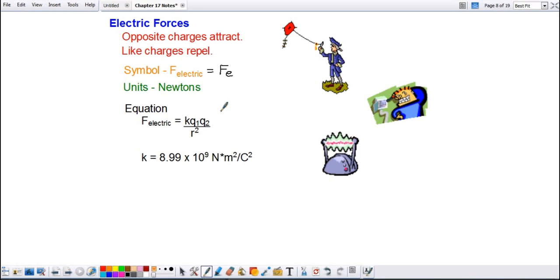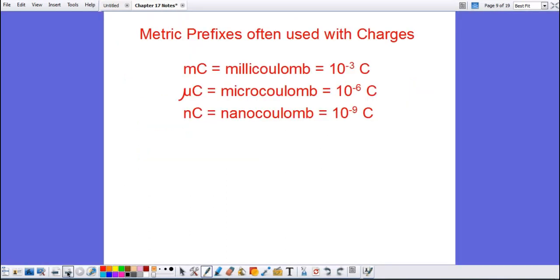So we need to have Q being coulombs. And what you're going to notice is that a lot of times in the problems, it will say 6 millicoulombs, and we need to convert that to coulombs before we can substitute it into the equation. We've seen the prefix milli before, and it means 1,000th of a coulomb, or 10 to the negative third coulombs.